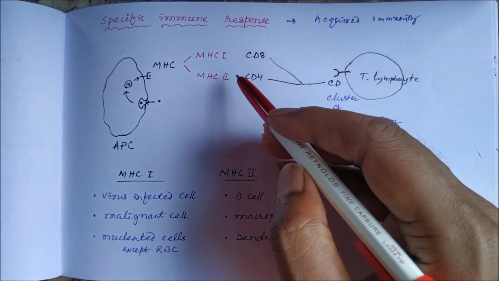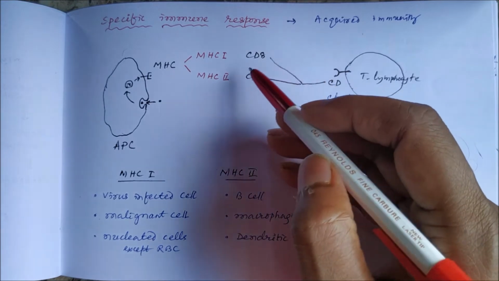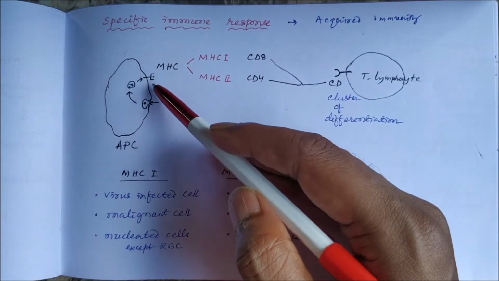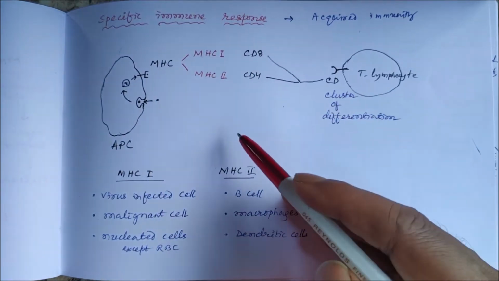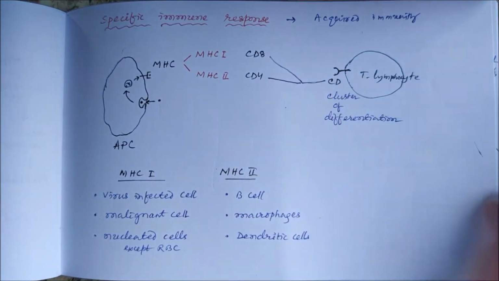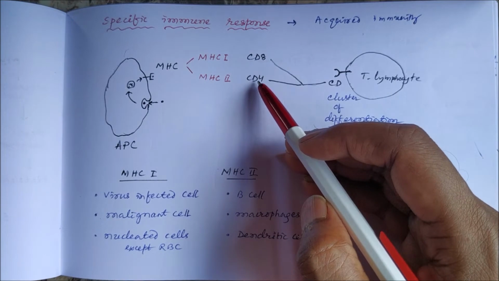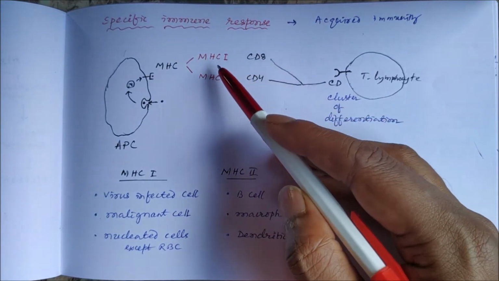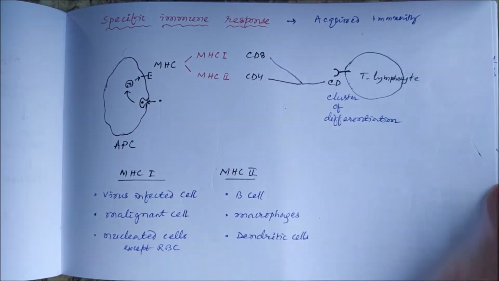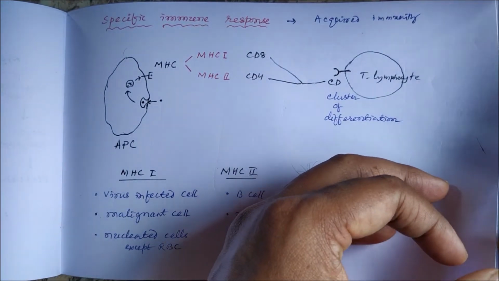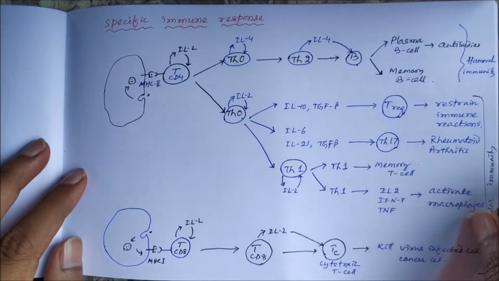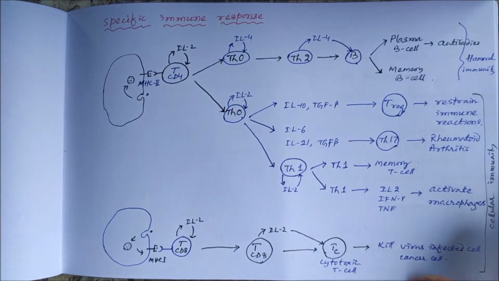Then these cluster of differentiation recognize the major histocompatibility complex of the antigen presenting cell, and there will be a response. So CD4 recognizes MHC2 and CD8 recognizes MHC1. And in response to that interaction, there will be a specific immune response which provides us the acquired immunity.